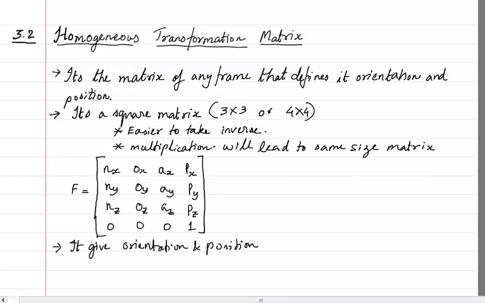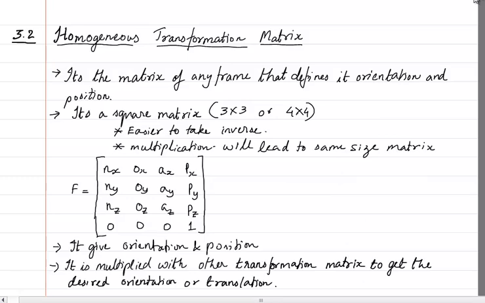The main use is that for understanding what is the desired motion going to deliver us, we can multiply many transformation matrices together. So let me write that as a point. So we can say it is multiplied with other transformation matrix to get the desired orientation or translation.